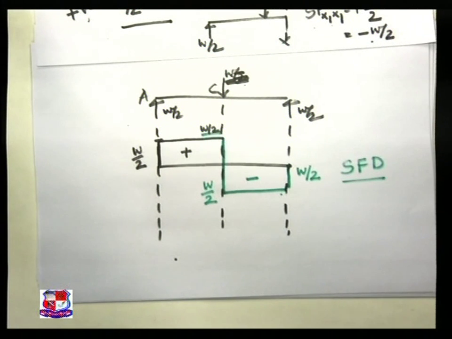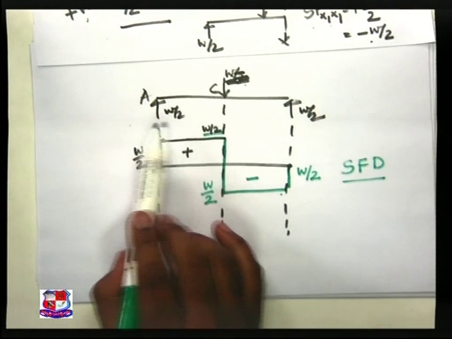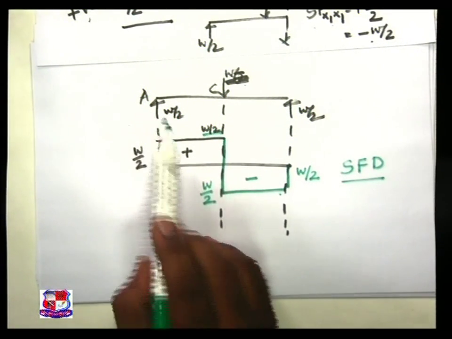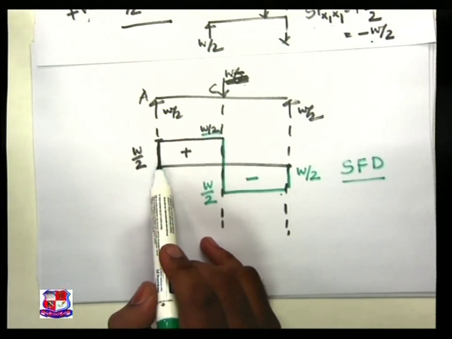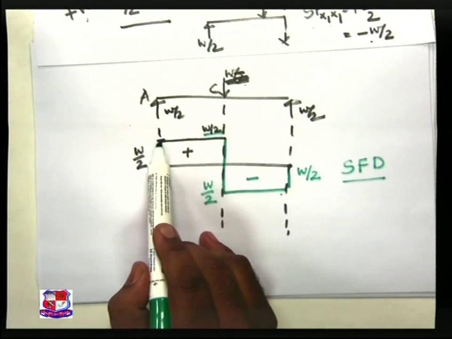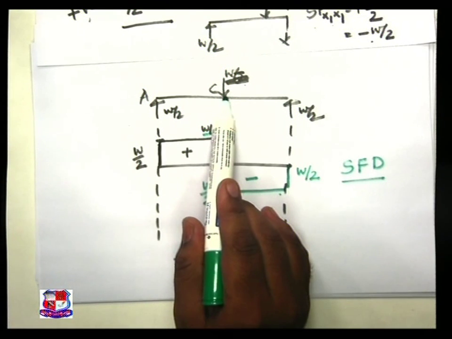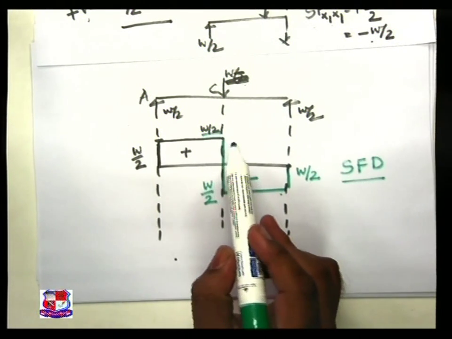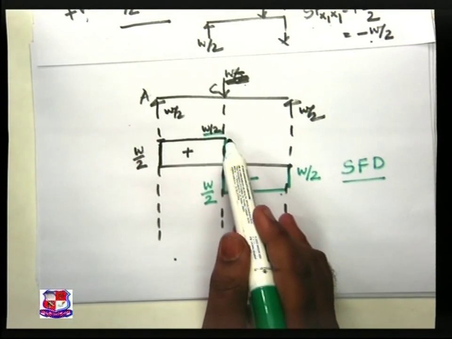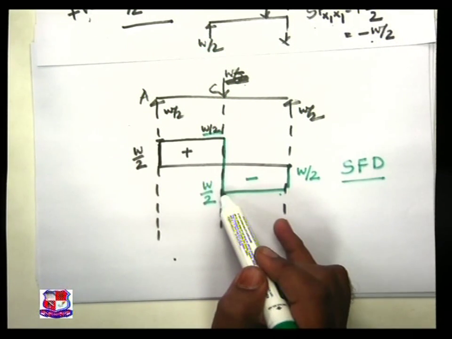Let us conclude something on that. Simply supported beam, the reaction itself is the contribution of shear force at that particular point. Second comment, at a concentrated load or at a point load, shear force changes suddenly, there is an abrupt change in the shear force.